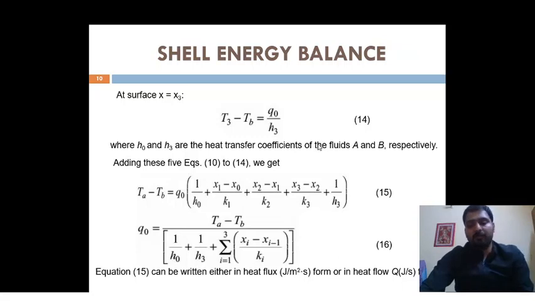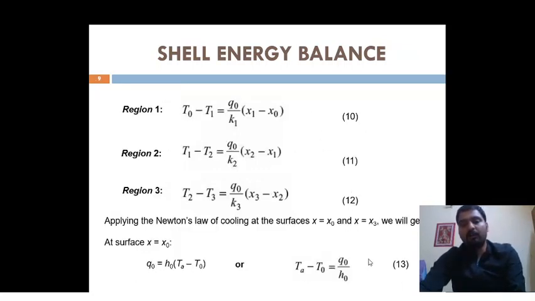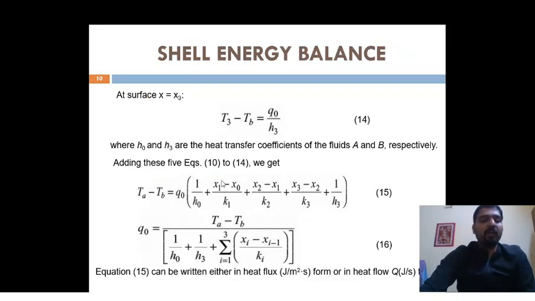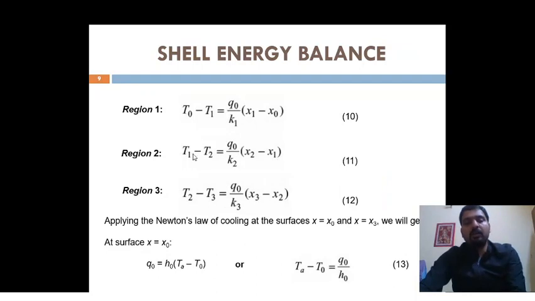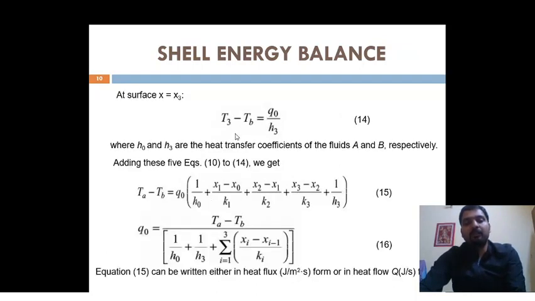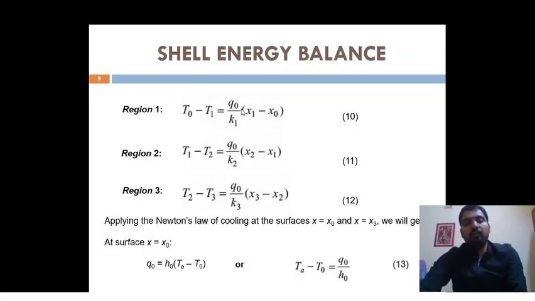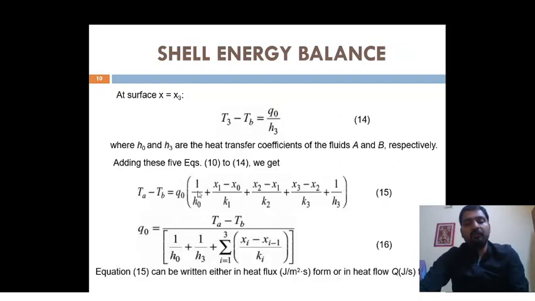Now we add the above equations, that is equation numbers 10, 11, 12, 13 and 14, and we find that all the intermediate temperature terms, that is T1, T0, T2, T3, are nullified and the only term remaining is Ta minus Tb, the temperature of fluid A minus the temperature of fluid B. We take q0 out as a constant, and the rest of the terms, 1 upon h0 plus (x1 minus x0) upon k1 plus (x2 minus x1) upon k2 plus (x3 minus x2) upon k3 plus 1 upon h3, are clubbed into one term.